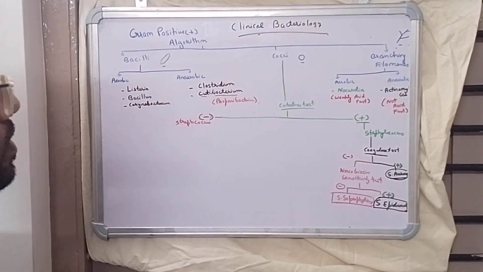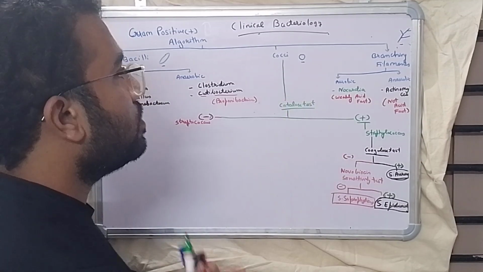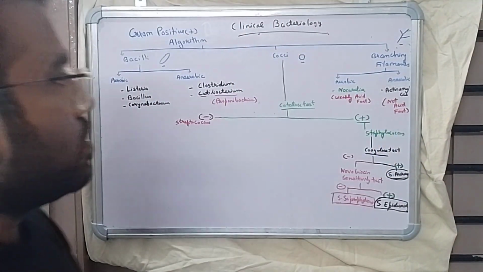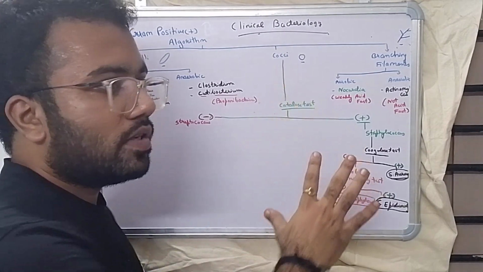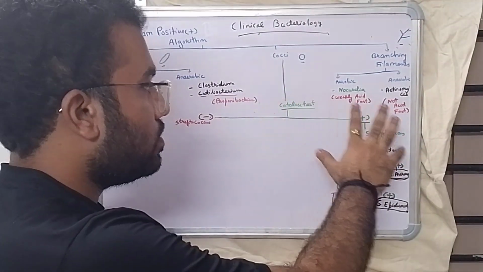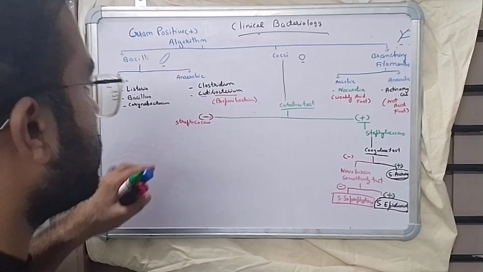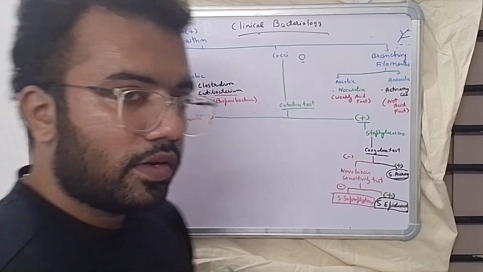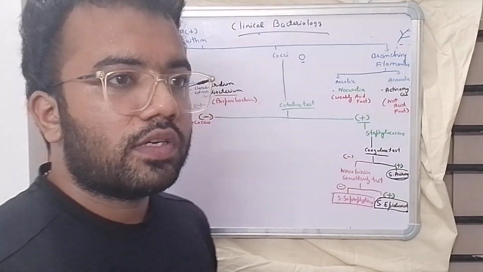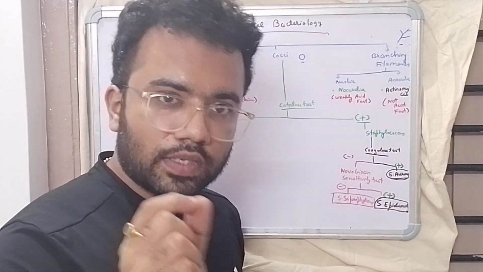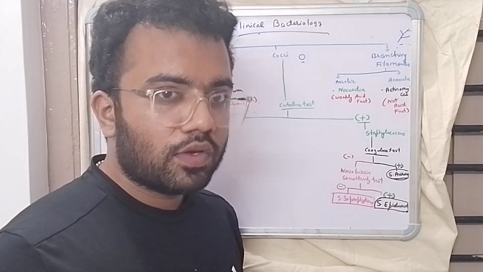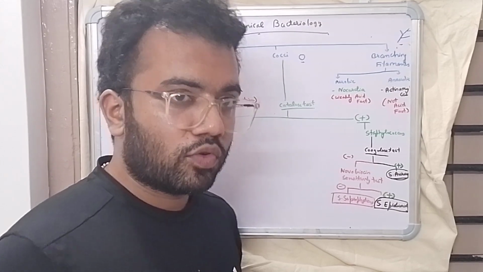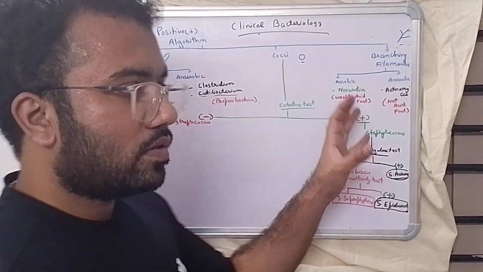Okay, so in simplified form, the cocci we will differentiate by catalase test. If it is positive, it is Staphylococcus. If it is negative, it is Streptococcus. If it is positive Staphylococcus, further we will do a coagulase test. If it is positive, it is S aureus, which is the most common bacteria of this subgroup.